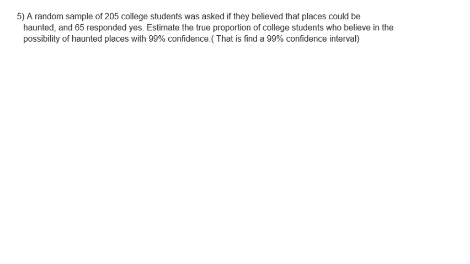Problem number 5. Read it over and we'll get started. In this problem, we are trying to find a confidence interval for a proportion. We know what formula we're going to be working with.